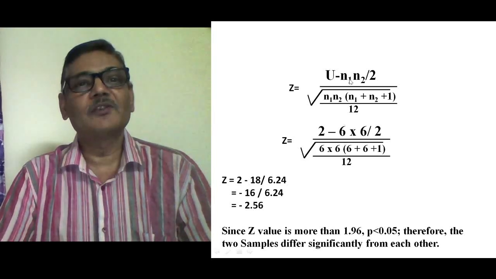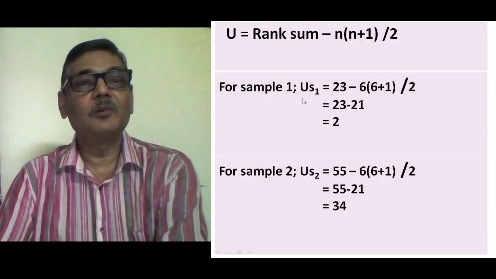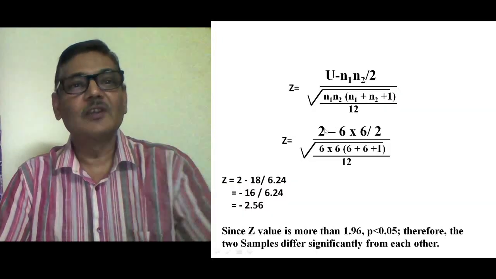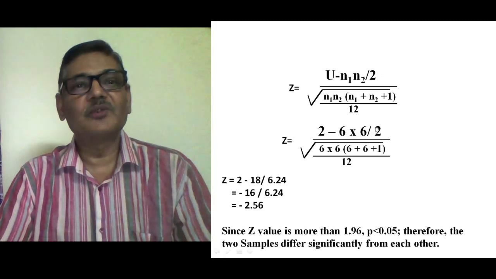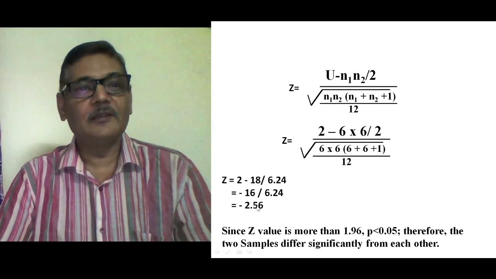So Z equals U minus n1 into n2 by 2, divided by the square root of n1 n2 into n1 plus n2 plus 1 by 12, and I'm taking the U value of the first sample, that has come 2, and in this case this 2 minus 6 into 6 divided by 2, and then when you put all these values here, then 6 into 6 plus 1 by 12, and the final value is 2.56.